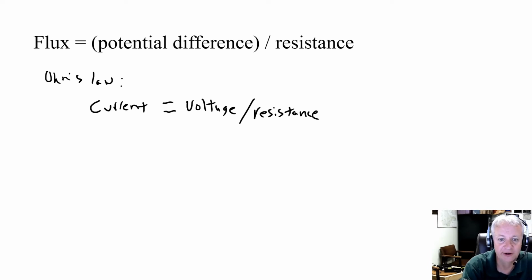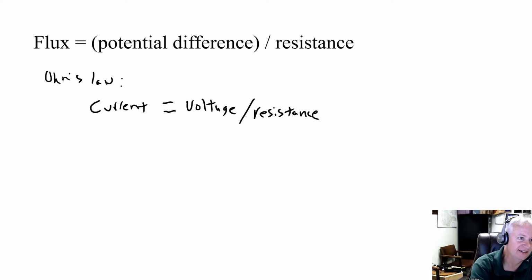So the current flow through a circuit is a function of the voltage divided by the resistance. So in any particular wire, for instance, given the same voltage across that wire, the current will vary depending on the resistance of the wire.